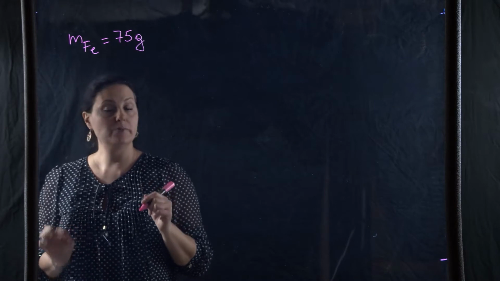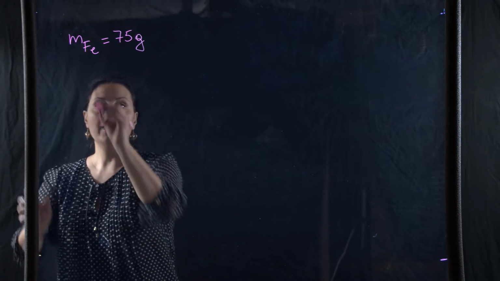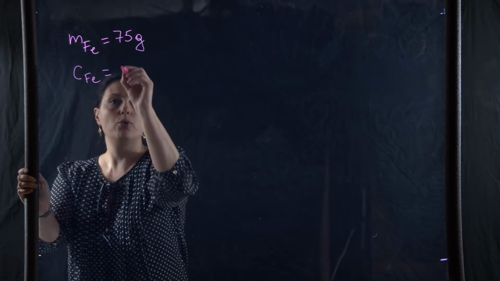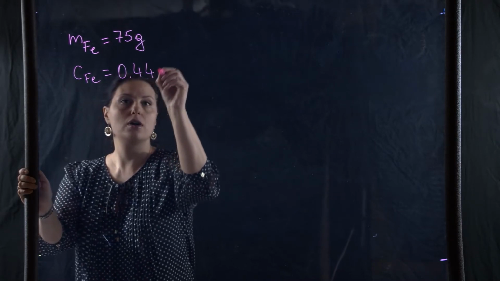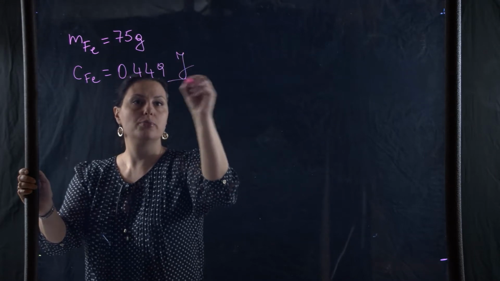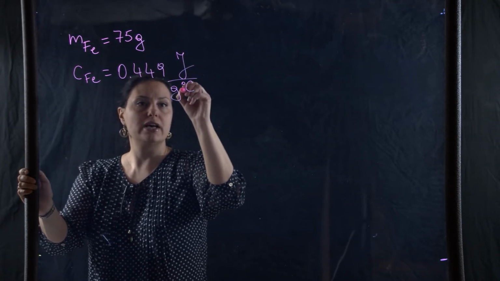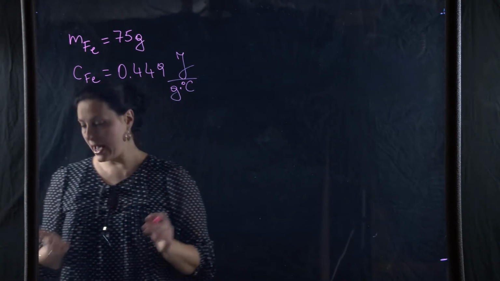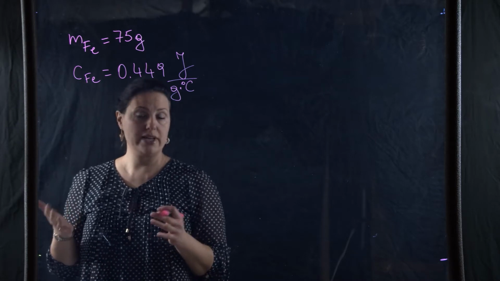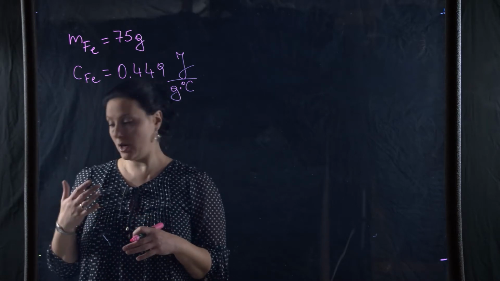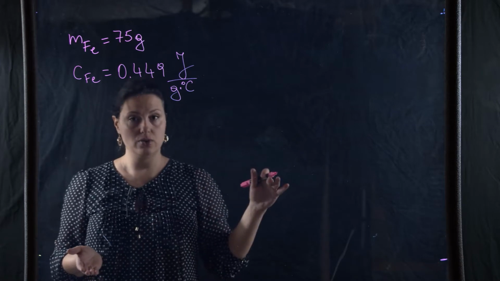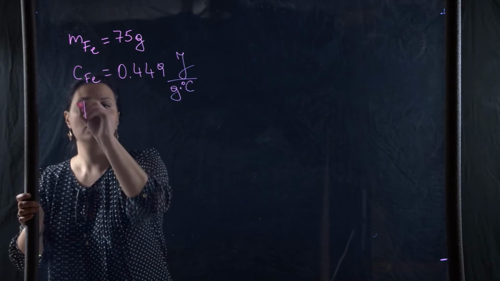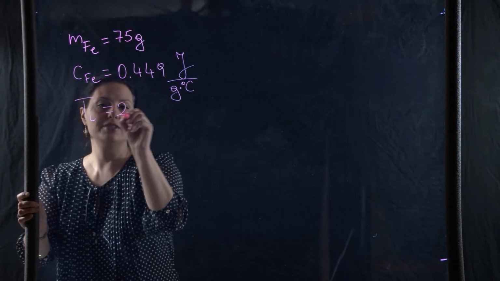Then I'm given the specific heat of iron, so little c for iron is 0.449 joules per gram per degree Celsius. I'm also told that I'm supposed to raise the temperature of this block of iron from 25 degrees all the way to 1,535 degrees. So my initial temperature is 25 degrees.